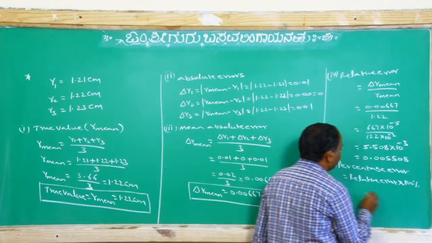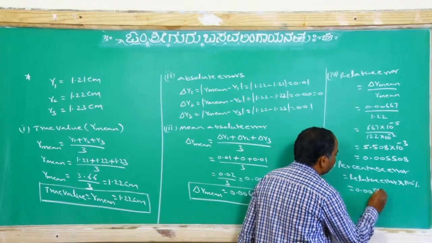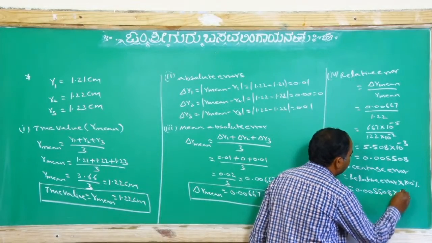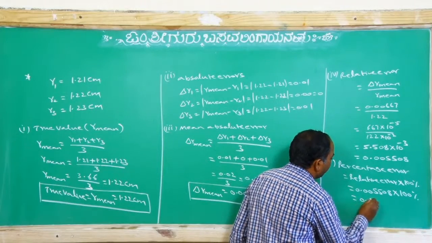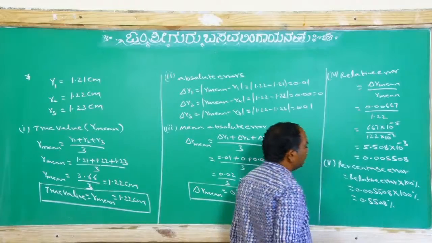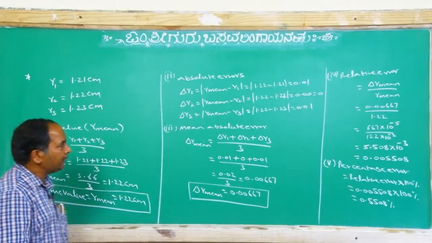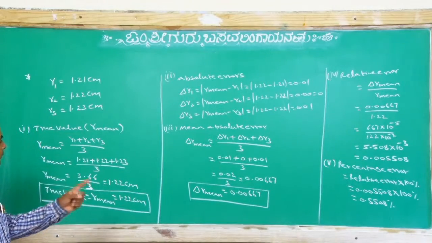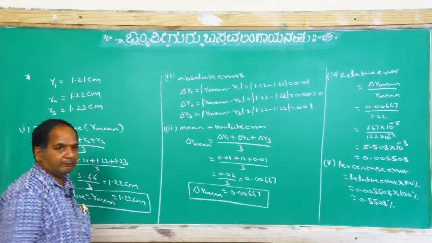So 0.005508 into 100% will become 0.5508 percent. This is said to be the percentage error. Like this, we are able to find the required quantities.